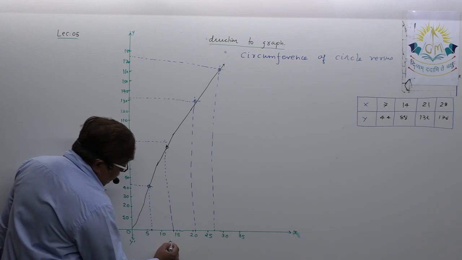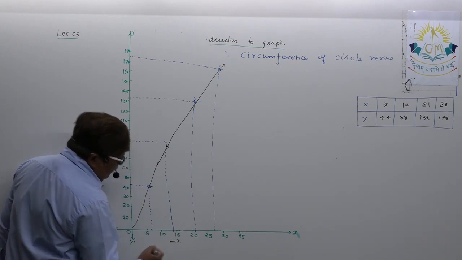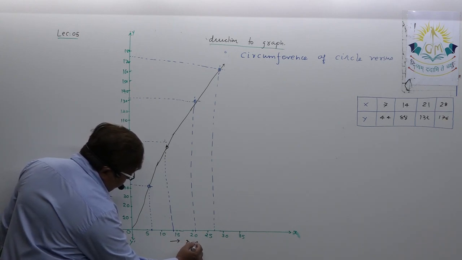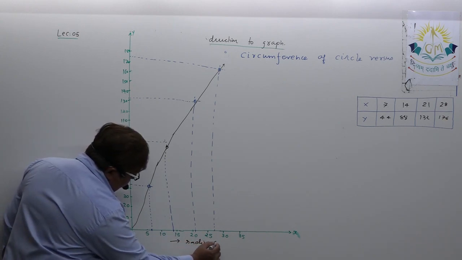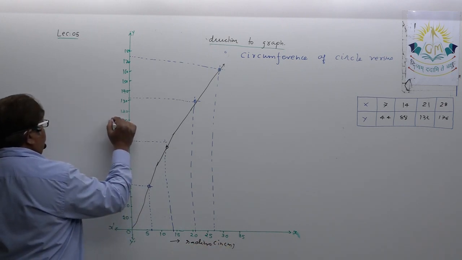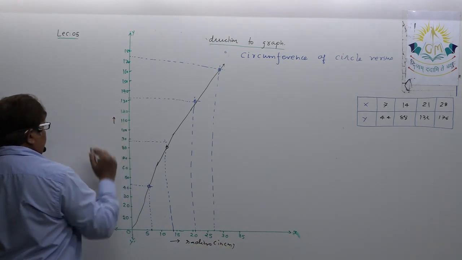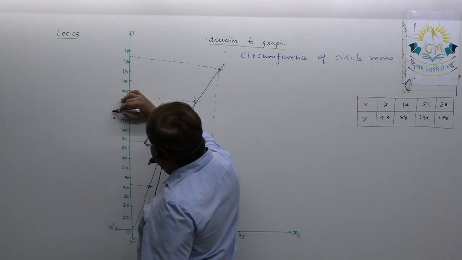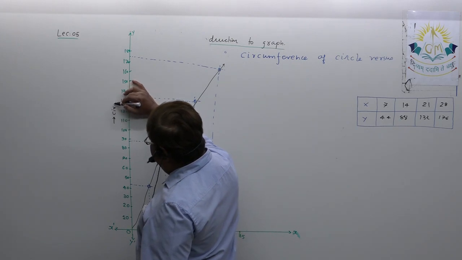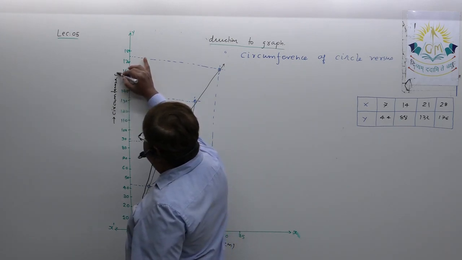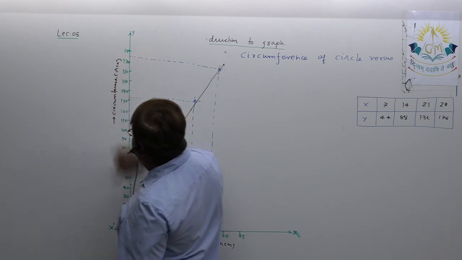If you see what you have represented here, what is this? Radius. So you can write radius in centimeter. What you have represented here, you can write this way, dear student, as I told you, you can write this way also, circumference in centimeter.